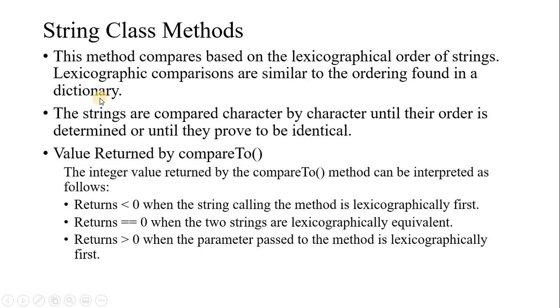In the alphabetical order A, B, C, so it compares the order found in the dictionary. When you compare these values, it produces a value greater than 0, equal to 0, or less than 0. This is the answer that we will find.